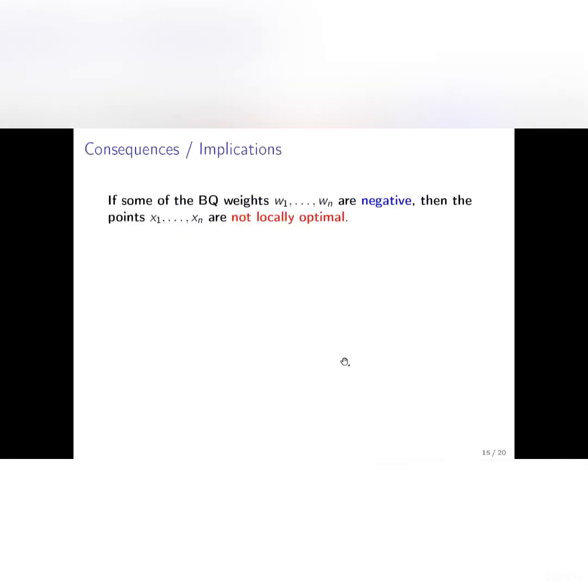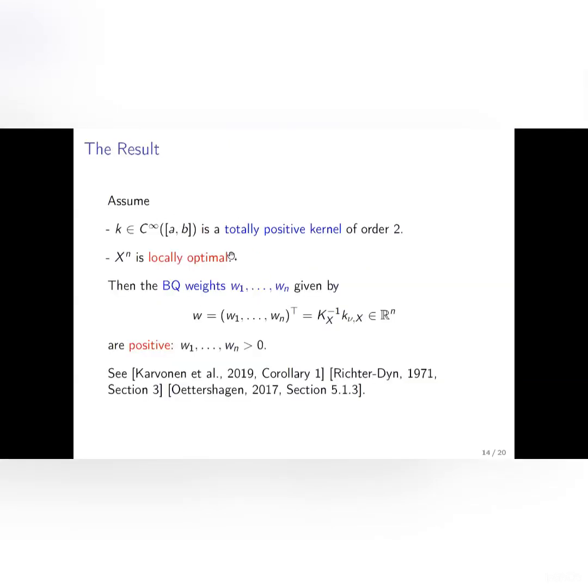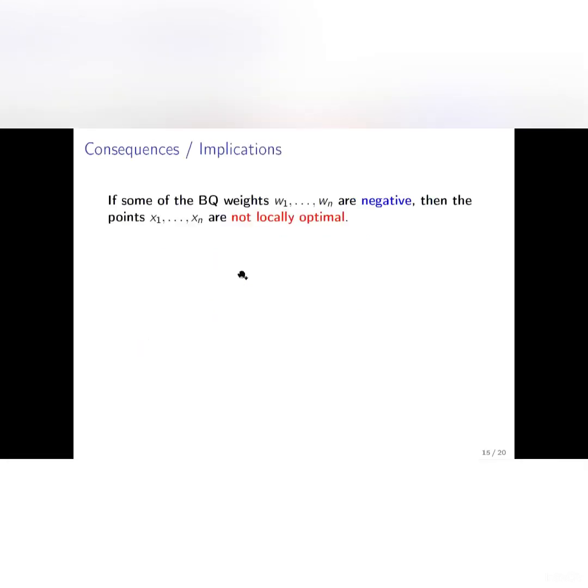And why is this result interesting? First, we have this implication: if some of the weights of your Bayesian quadrature are negative, then this means that your points are not even locally optimal.